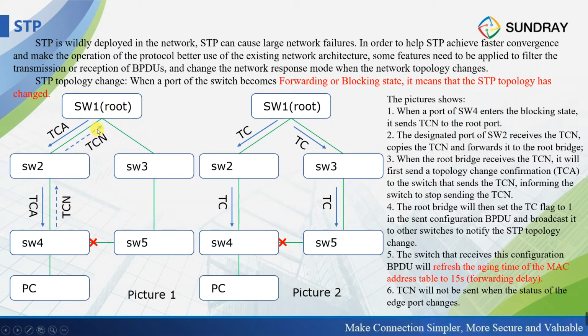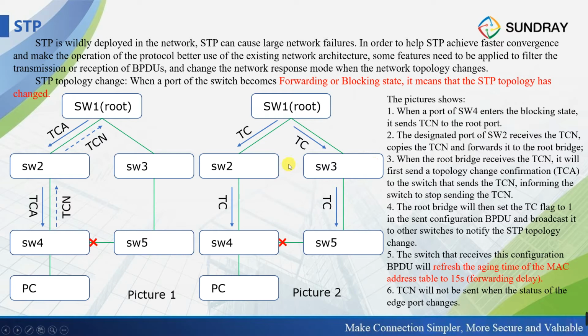The root switch then sends the TCA and floods the topology change to all the switches in this spanning tree, and the switches refresh their MAC addresses, but it will wait for 15 seconds. This is for the delay, so the whole process is a little bit slow.